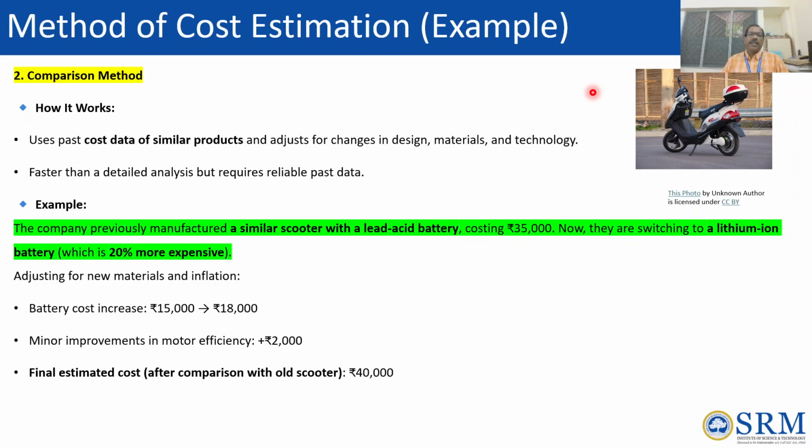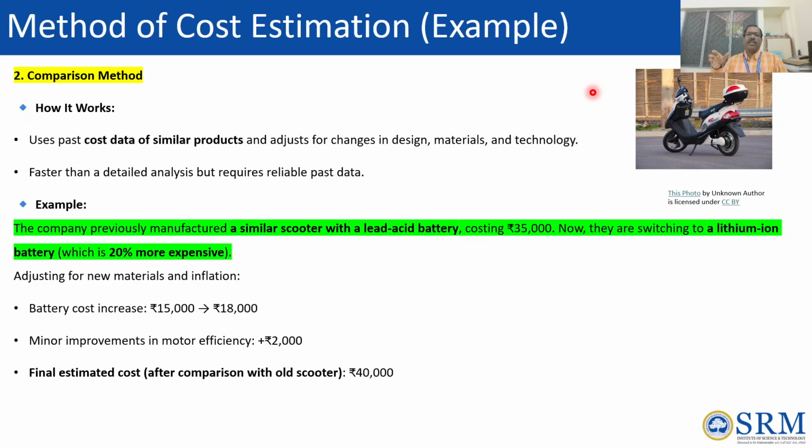Or if they already made a scooter, but they want to upgrade that scooter to the next level. They want to change the CC value, or change the gear to non-gear type, but the brand is the same. That means they need to update some design, and technology-wise they need to upgrade.